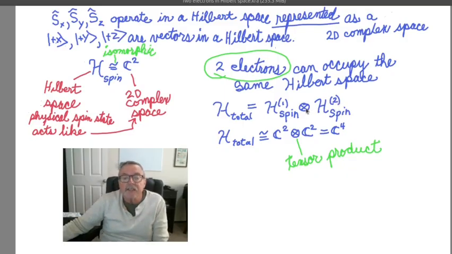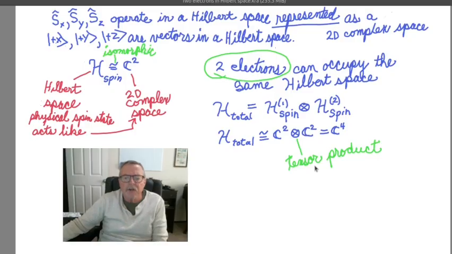And this thing that looks funny here, a circle with a square inside of it, or an X, is not a regular multiply sign. It's kind of like a multiply sign, but it's a different kind of product. It's a tensor product. Whoa, what in the heck is a tensor?